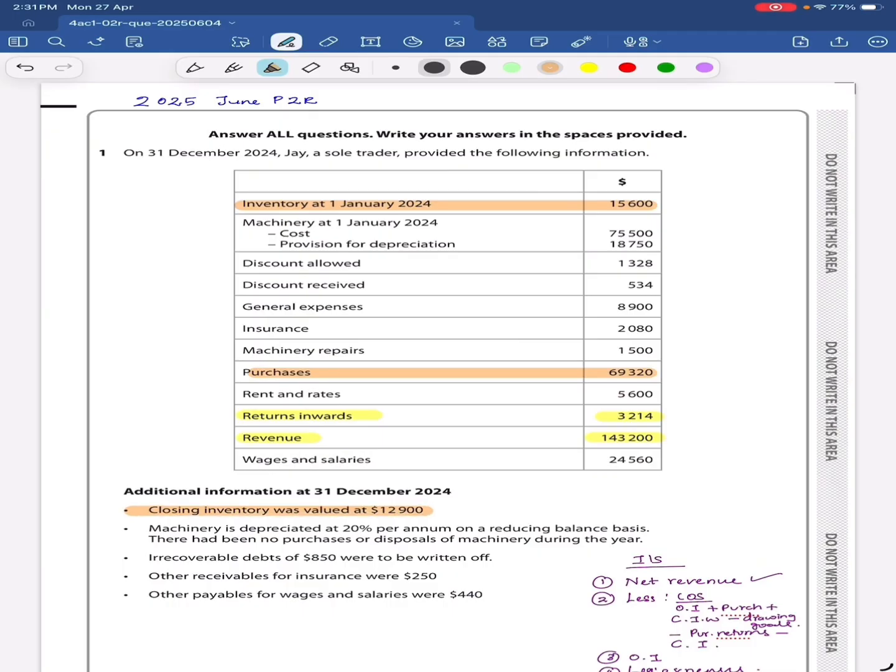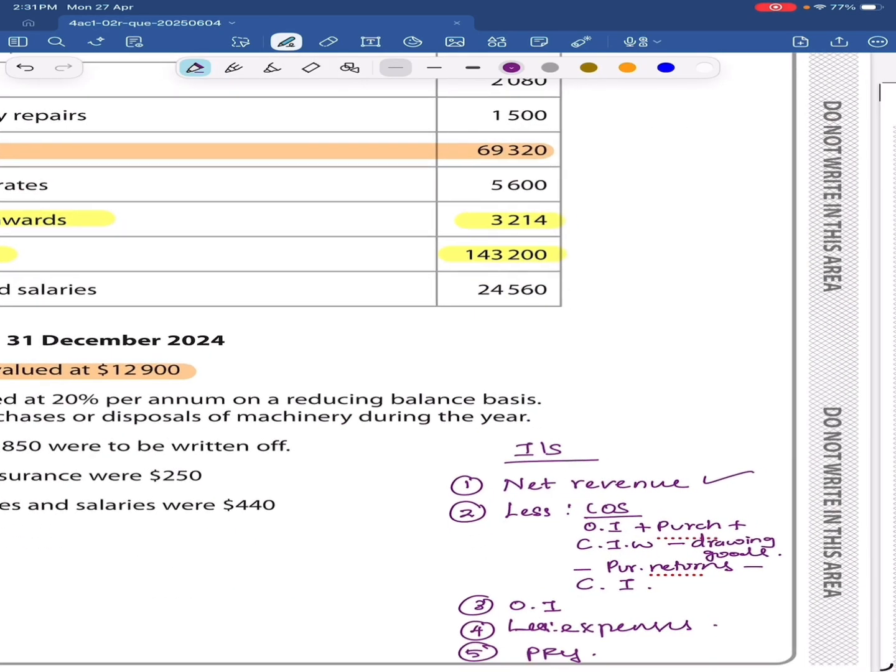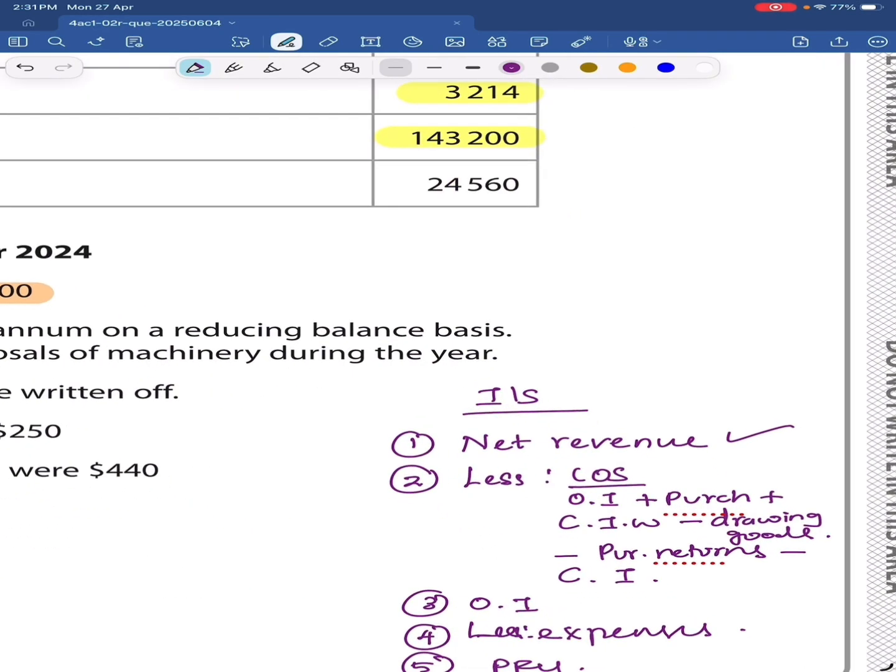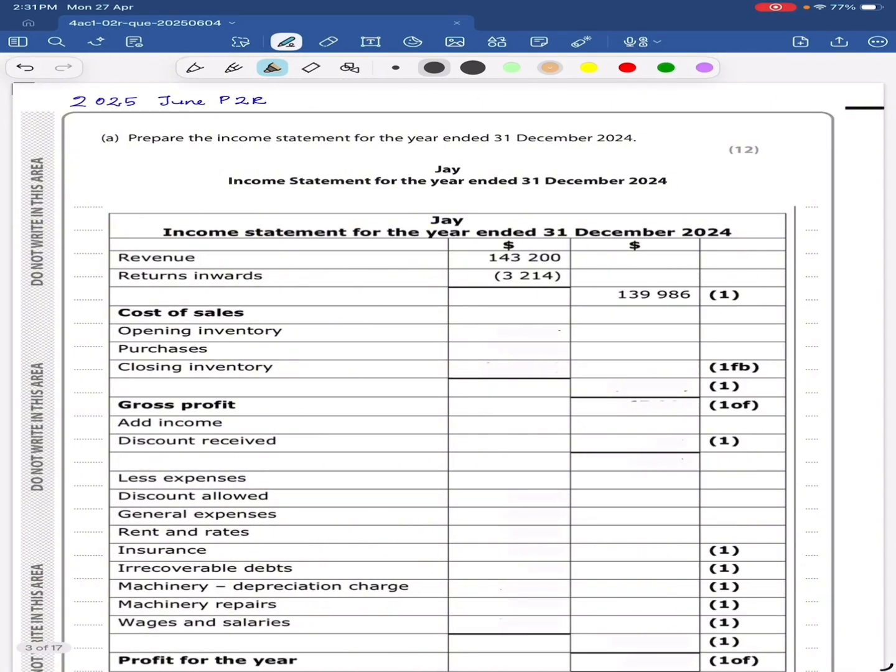So let's put this in order. We have opening inventory, we have purchases, and we have closing inventory. As you can see here, we have opening inventory, add purchases, add closing inventory, deduct. We enter those figures and then find out the cost of sales.